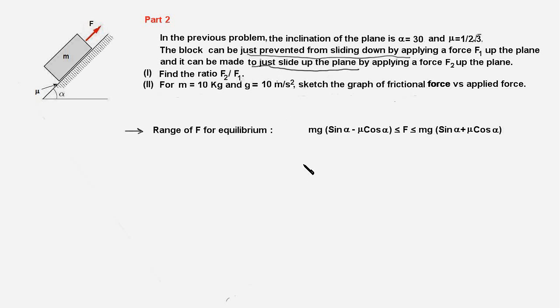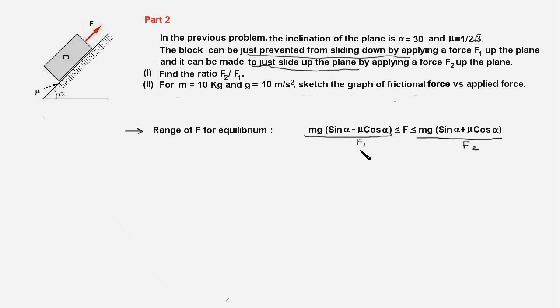So in fact, F1 is the lower end of the range of the force under which the block would be in equilibrium. So this is the equation for F1, and this is the equation for F2. So the block is in equilibrium between F1 and F2.